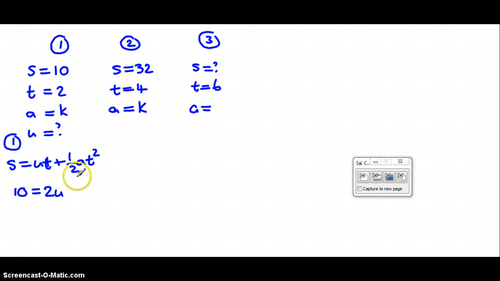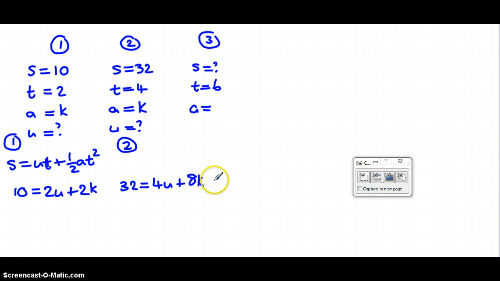So half of 4, which is 2, we end up with 2k. If I do the same with the second situation, we'll end up with 32 equals 4u and then a half t squared, so half of 16, which is 8, so we end up with plus 8k.